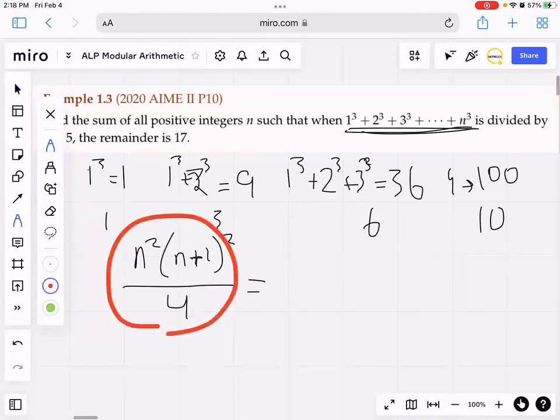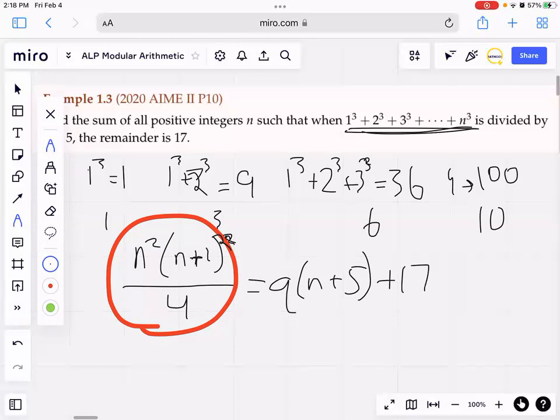Let q be the quotient when this expression, circled in red, is divided by n plus 5, and then we have our remainder, which has to be 17.